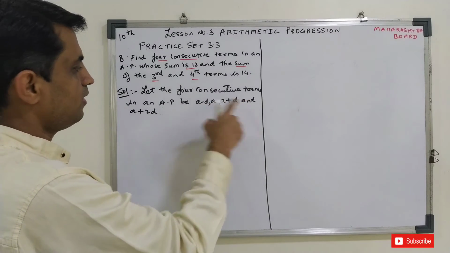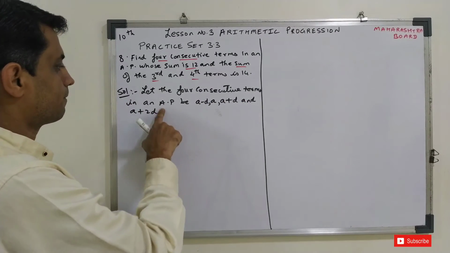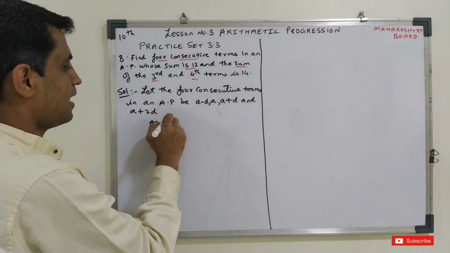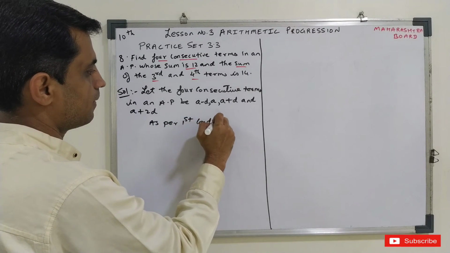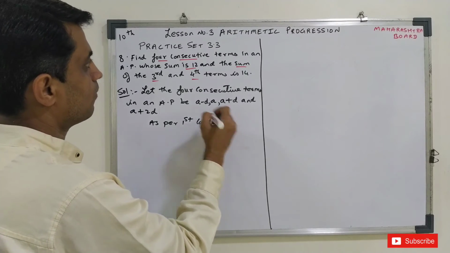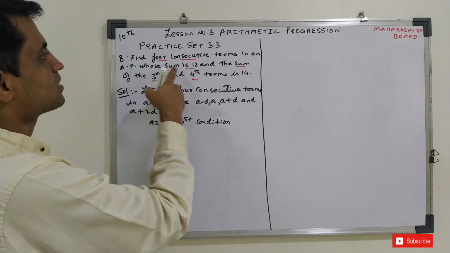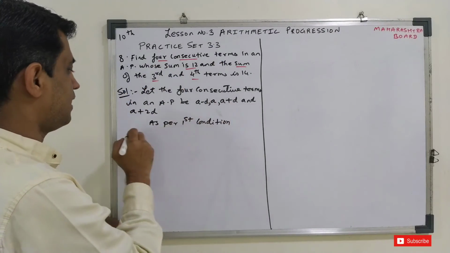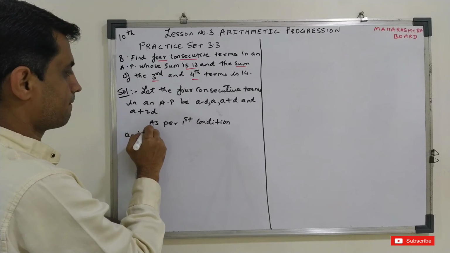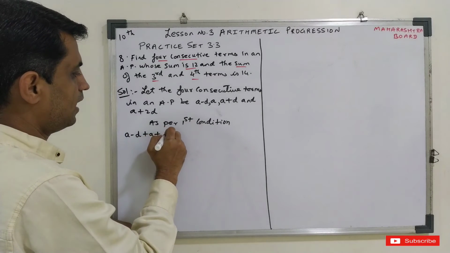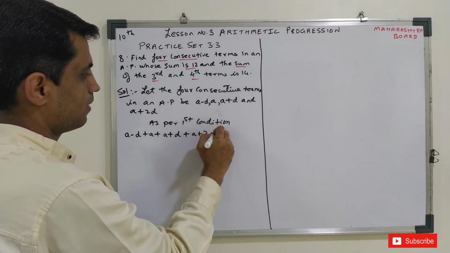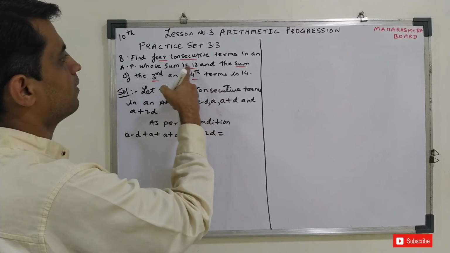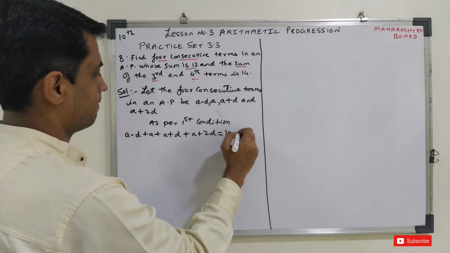Now, as per the first condition, what they told, whose sum is 12, means you add everything, all the terms you add, and that will give you the sum of all the terms is 12.